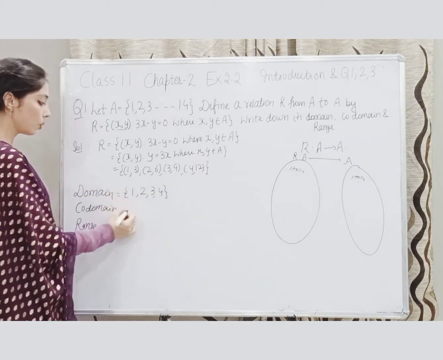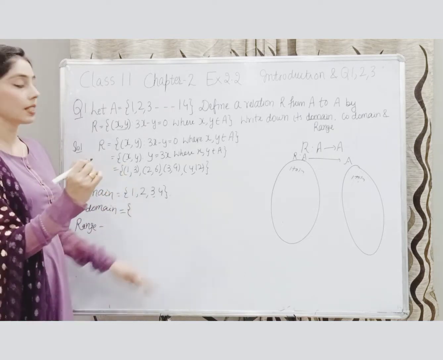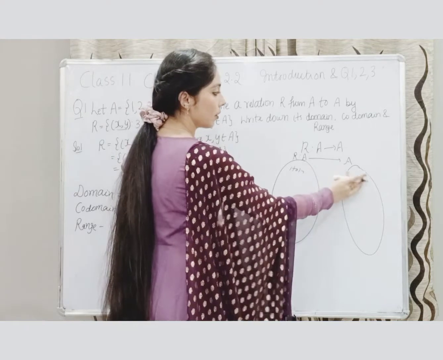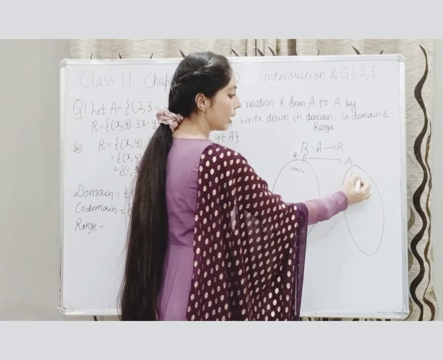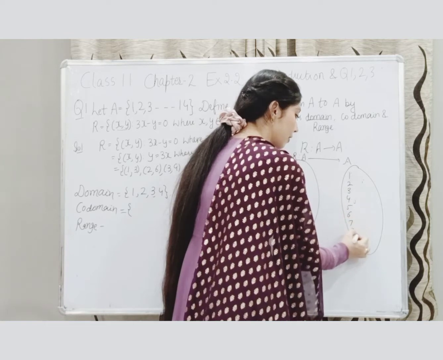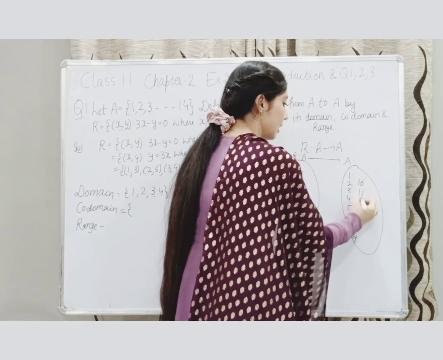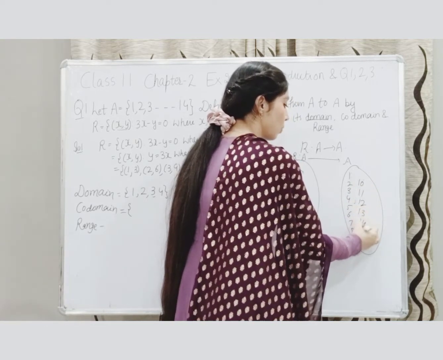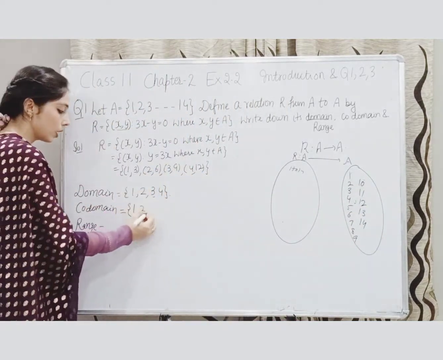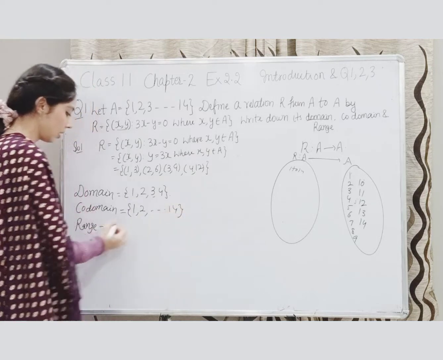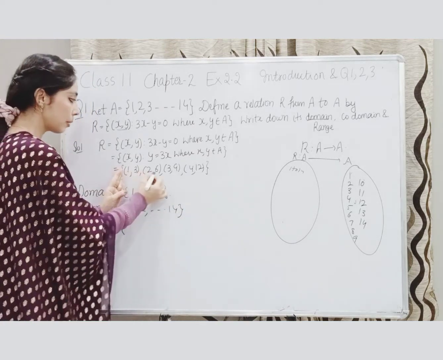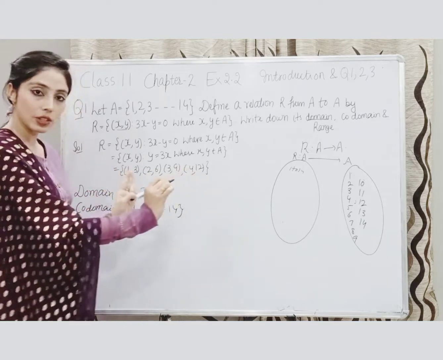So what is codomain? Codomain is the second set. The second set is A, in which we have all elements 1, 2, 3, 4, 5, 6, 7, 8, 9, 10, 11, 12, 13, 14. All elements. What about range? Range will include the second elements of the ordered pairs in the relation.